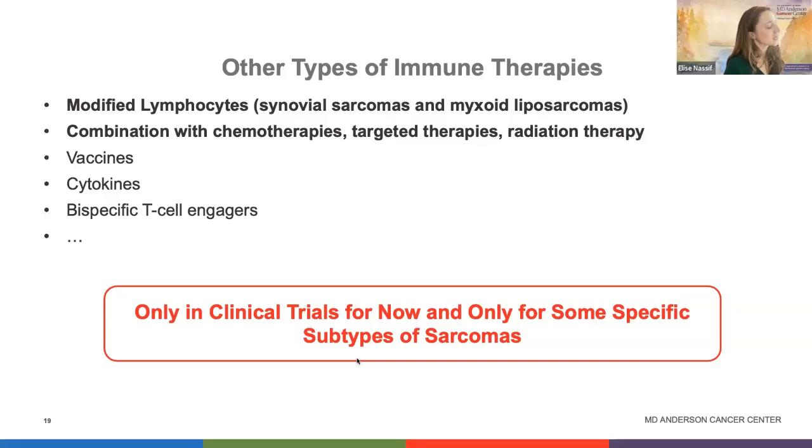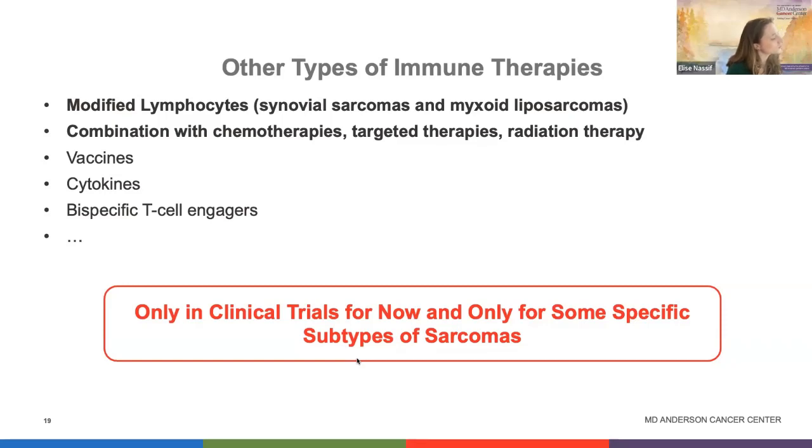Those tumors express a specific molecule, and we take the patient's lymphocytes and reactivate them exactly against that specific molecule, so that the lymphocytes, when we give them back to the patient, go straight to the tumor where they recognize this specific molecule and kill the tumor cells. Those therapies have been very promising over the past few years, and we hope they will get approved in the next few months to years.